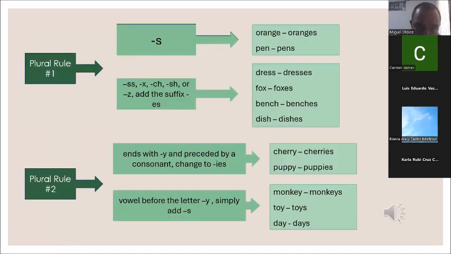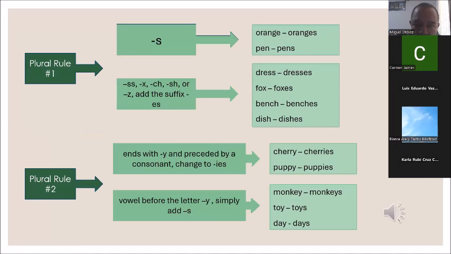The first rule is the simplest one and follows the same pattern as the pianos example we mentioned in the previous slide. For many nouns, to form the plural, just add the suffix s to the noun.